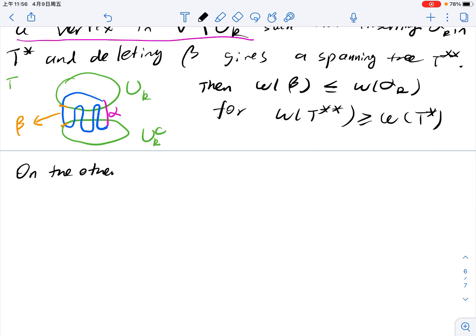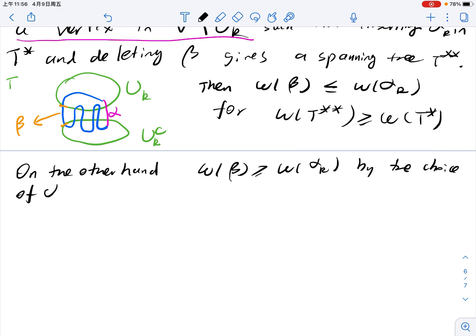But on the other hand, omega beta should be greater than or equal to omega alpha k by the choice of alpha k. Looking back at the algorithm, when we determine alpha k, we seek the edges connecting U_k to U_k complement with the minimum weight.